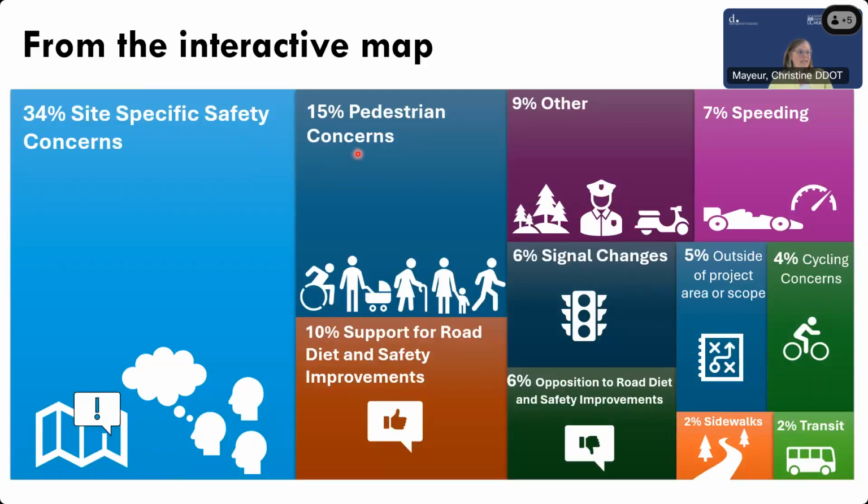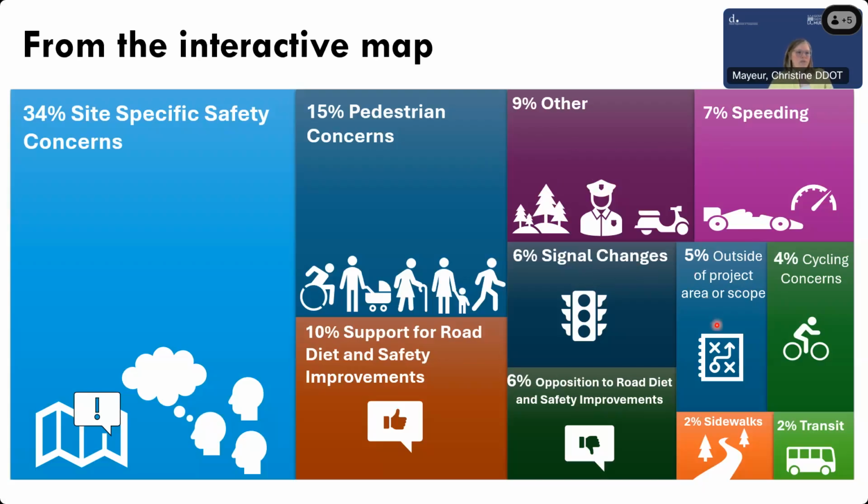What you all told us in these concerns on the interactive map, a lot of them were specific to that location. So that's this category here, about 34% of that. 15% of them were pedestrian or walking concerns, crossing the street. About 10% were general comments about support for a road diet. 9% were other projects or other areas, so scooters, more green space and trees, increased enforcement, things like that. 7% was about speeding.